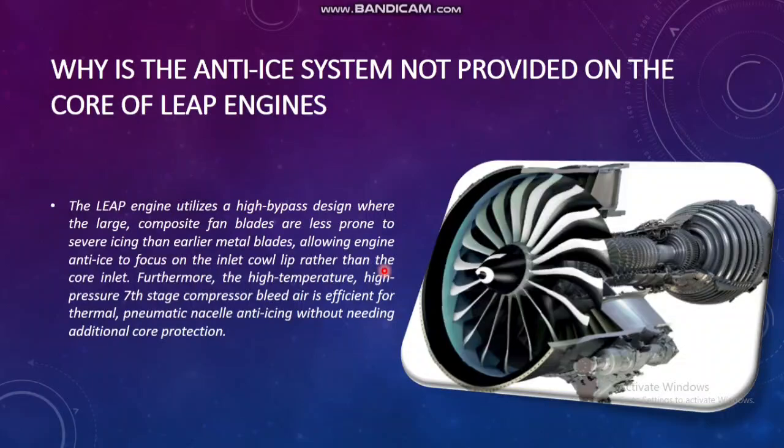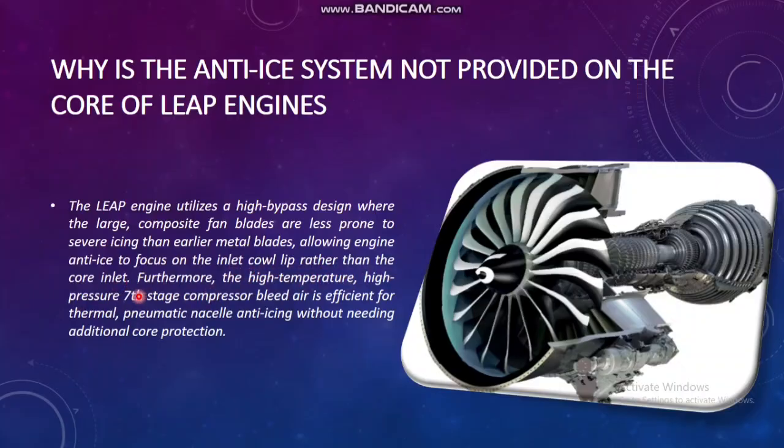Now the next question is, why is the anti-ice system not provided on the core of the LEAP engine? The LEAP engine utilizes a high bypass design where the large composite fan blades are less prone to severe icing than earlier metal blades, allowing engine anti-ice to focus on the inlet cowl lip rather than the core inlet area.